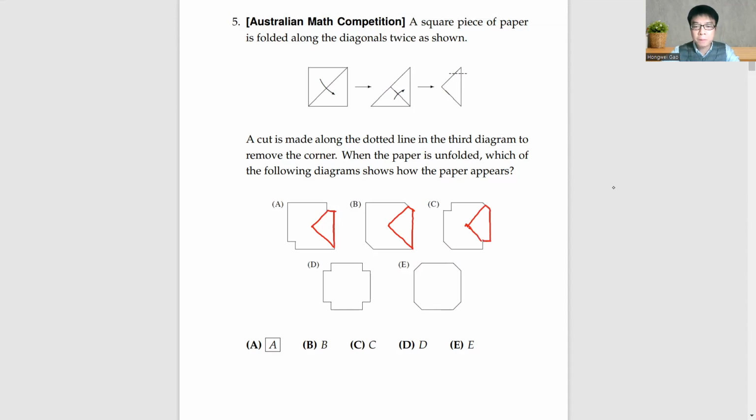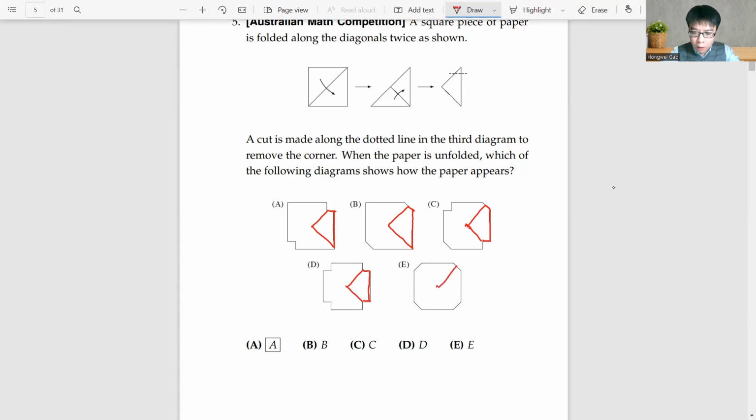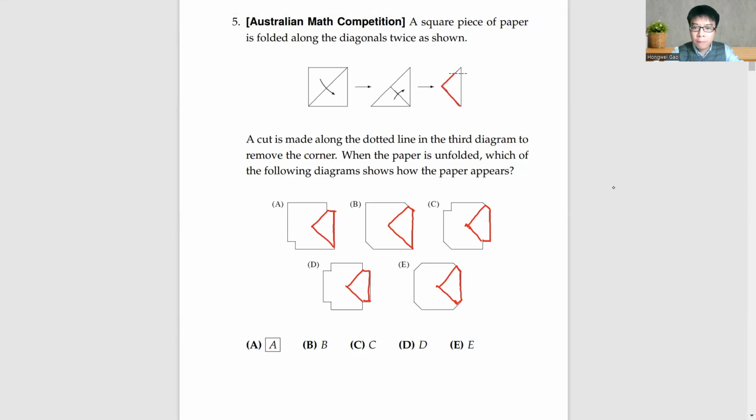For D, let's connect the center and these 2 diagonals. We also need 2 cuts in this way, and get a pentagon. And for E, this is a different pentagon. So it's easy to see the answer should be A, because it matches this figure after cutting.